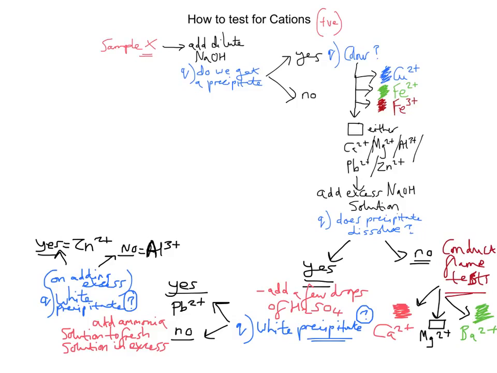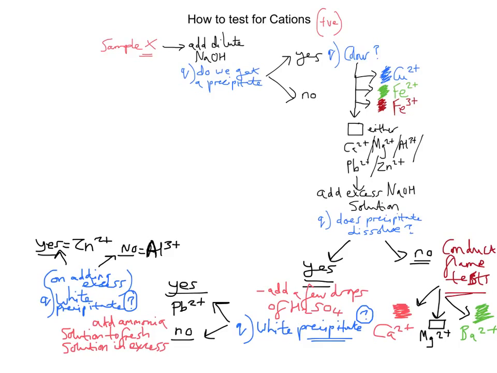So essentially what we've done is we've added NaOH, worked out whether we get a precipitate. We're saying we are, and then we look at the colour to get copper, iron Fe2+ or iron Fe3+. If it's white, then we've had to go through another process by adding excess sodium hydroxide solution. If the precipitate doesn't dissolve, we've conducted flame tests, and if it does, we've added H2SO4 and looked for a white precipitate.